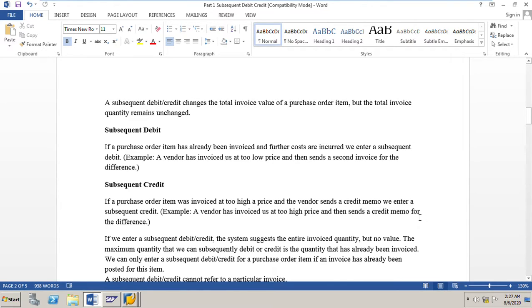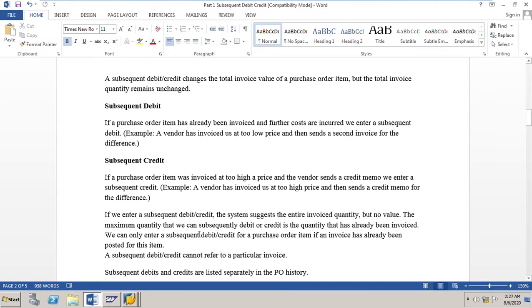That is the difference between a subsequent debit and subsequent credit. In case of a subsequent debit, the vendor will send an invoice for some additional cost which has been incurred. And in case of a subsequent credit, the vendor has already invoiced at a high price and then he sends a credit memo.